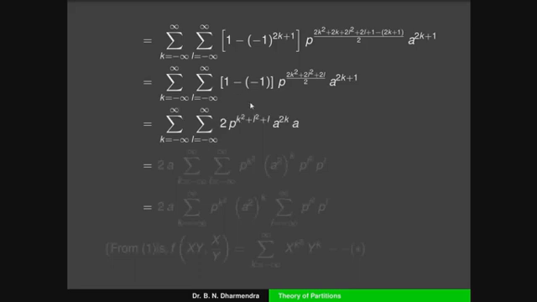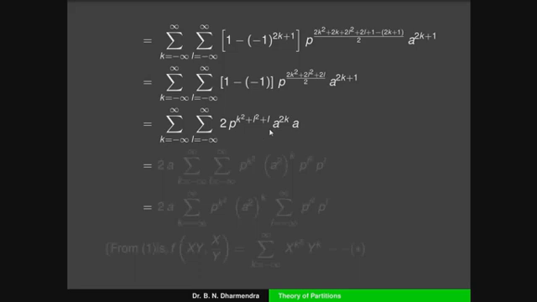So the first series is k running from minus infinity to plus infinity, and the second series is l running from minus infinity to plus infinity, of 2 times e to the power of k square plus l square plus l, into e to the power of 2k into a. Here I can split the terms of the power of e: e to the power of k square, e to the power of l square, and e to the power of l.